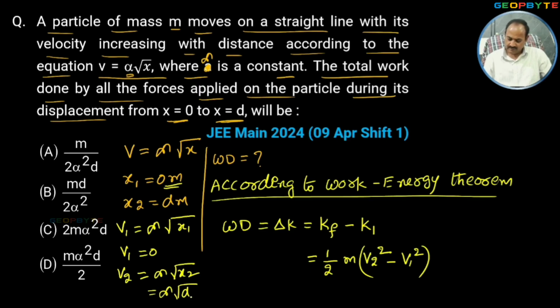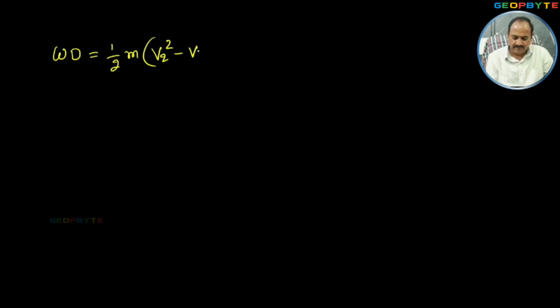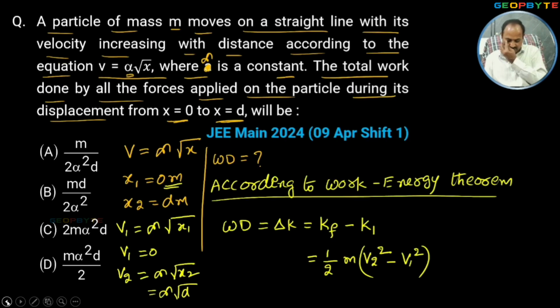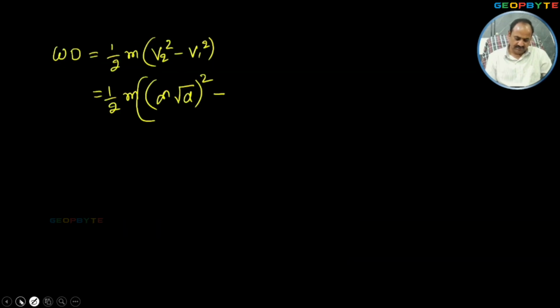So finally, let us take another slide. Work done we have written as half into mass into v2 square minus v1 square. Half into mass into v2, alpha root d whole square, minus v1, v1 is 0, 0 whole square.